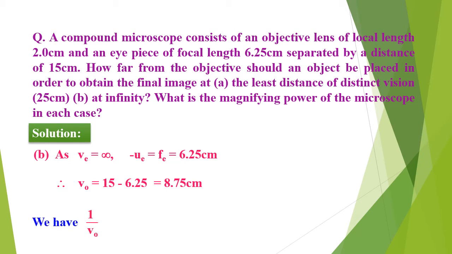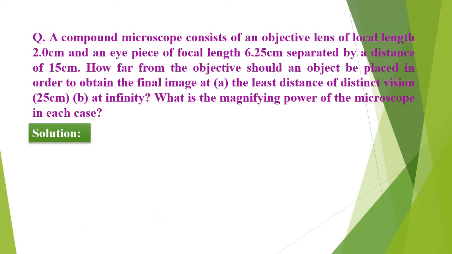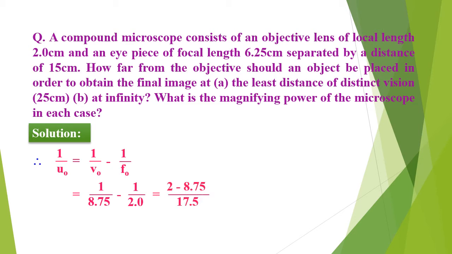We have 1 by VO minus 1 by UO is equal to 1 by FO. Therefore, 1 by UO is equal to 1 by VO minus 1 by FO. By substituting the values, 1 by 8.75 minus 1 by 2.0. This gives rise to 2.0 minus 8.75 divided by 17.5.